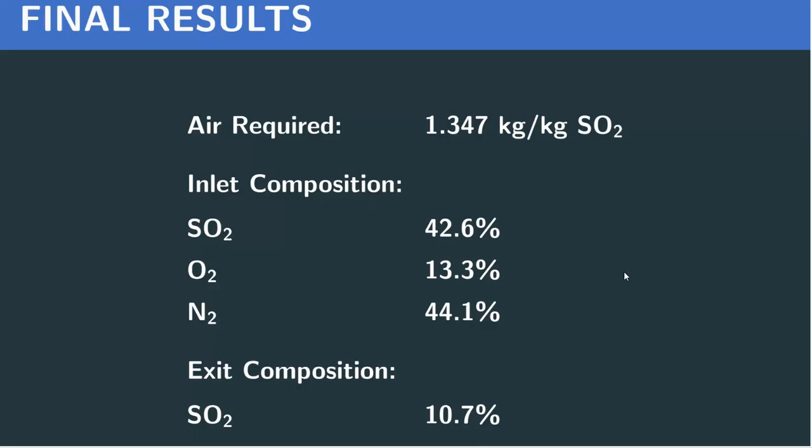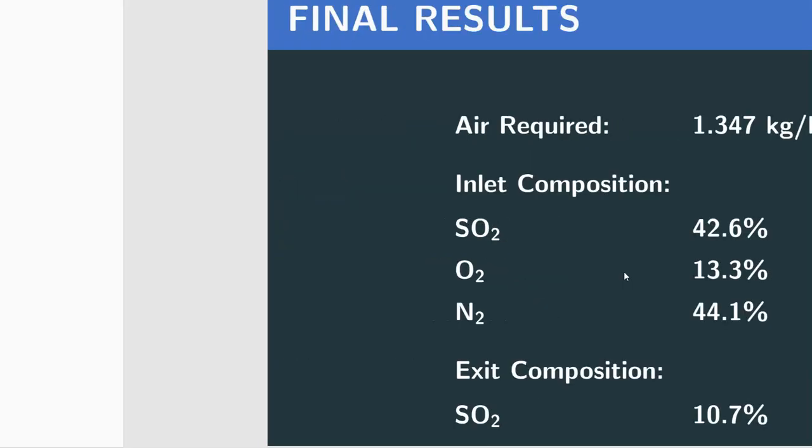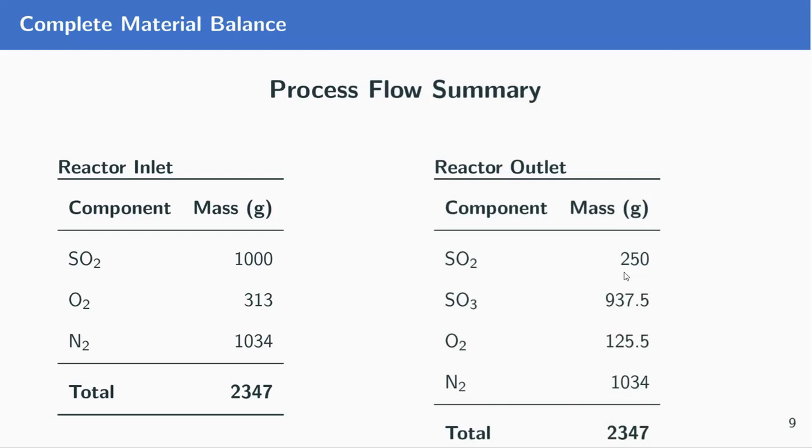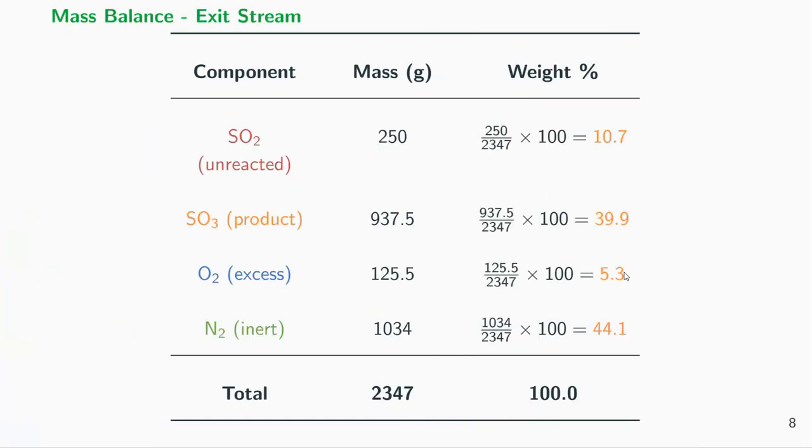Exit composition: SO2 is 10.7%. If we go to this summary, the mass amounts give us the exit: SO2 is 10.7, SO3 is 39.9, oxygen is 5.3, and nitrogen is 44.1 percentage.